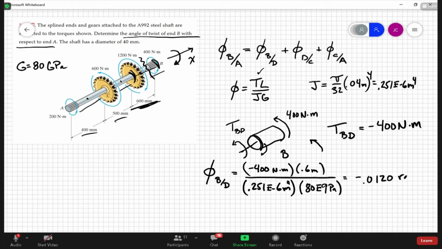0.0120 radians, okay? So in other words, let's look at this now. Let's get the sense correct. Let's do it this way.